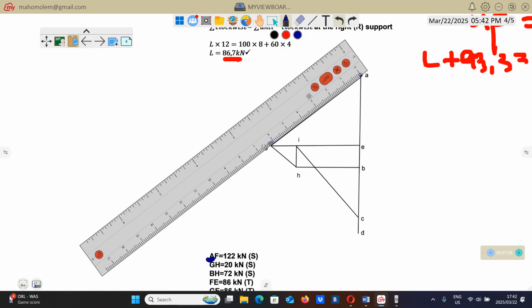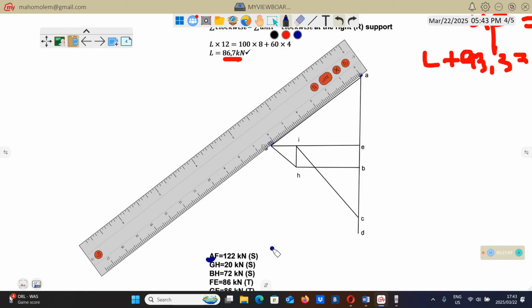We'll measure here, maybe get 6.2, 6.1. So you take that length. If it's 6, you take that 6 and multiply it by our scale. Remember we said that 1 centimeter equals 20 Newton. Then you take that 6 centimeter and multiply it by 20 to get the force. And that 6 multiplied by 20, you will get this 122.